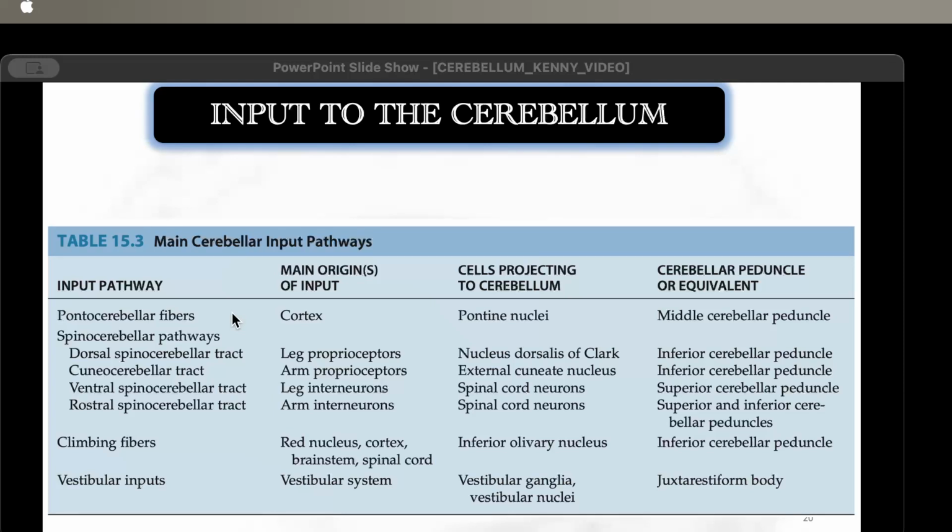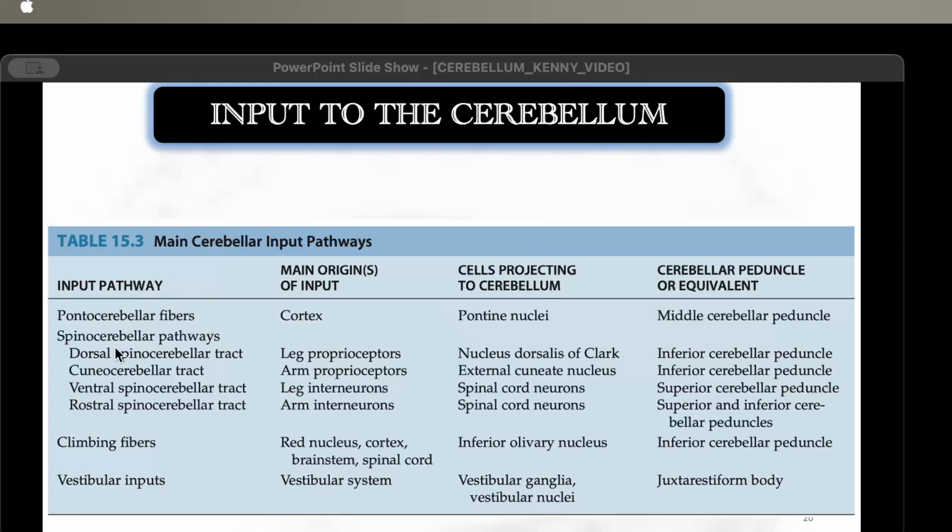The pons is like a bridge, it really means the bridge, so it's a pathway that information can take to reach different parts of the brain. So the information here will come from the cerebral cortex through the pons to the cerebellum. That's why it's called the pontocerebellar fibers.